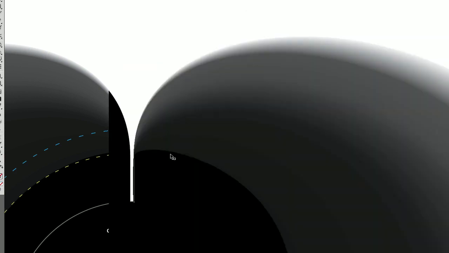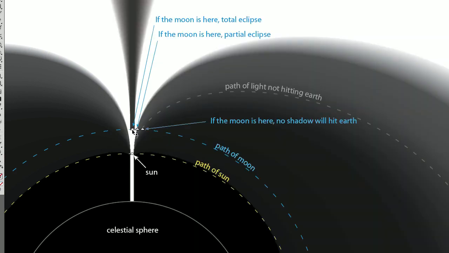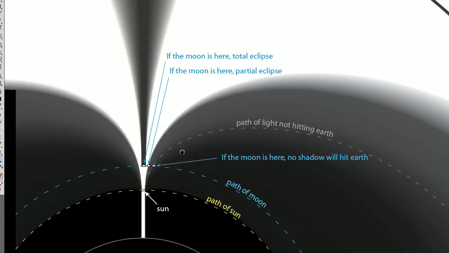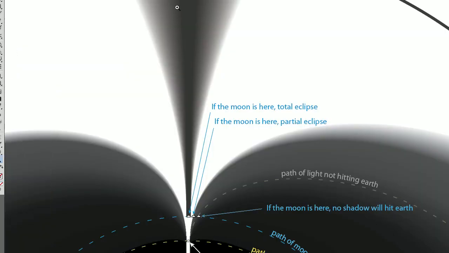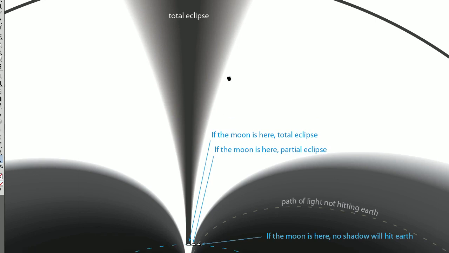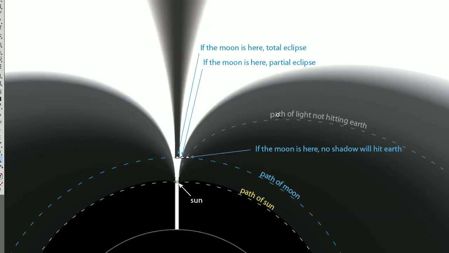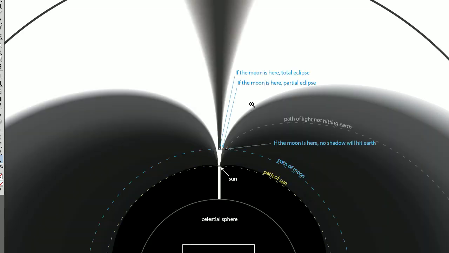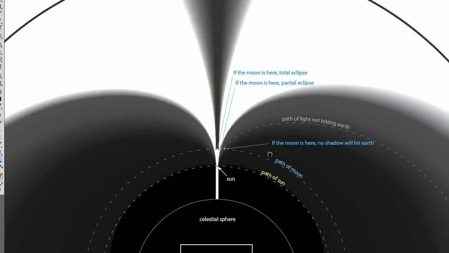And of course the total solar eclipse, this positioning right here of the moon, it's going to project your shadow here, going straight up like that. Okay, hopefully that clarifies how light works, how the solar eclipses work within the Earth.